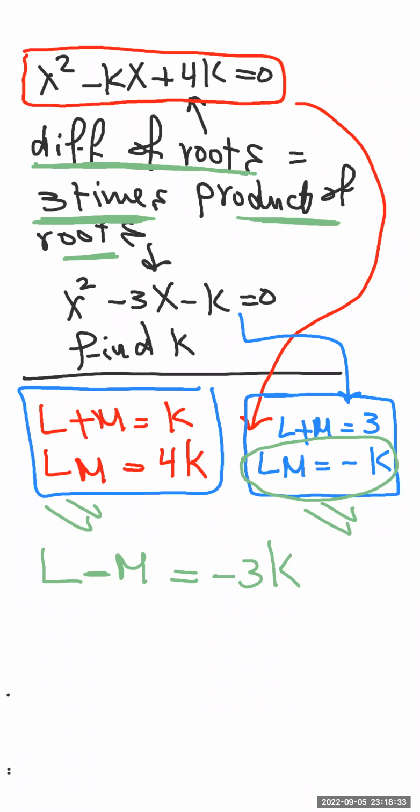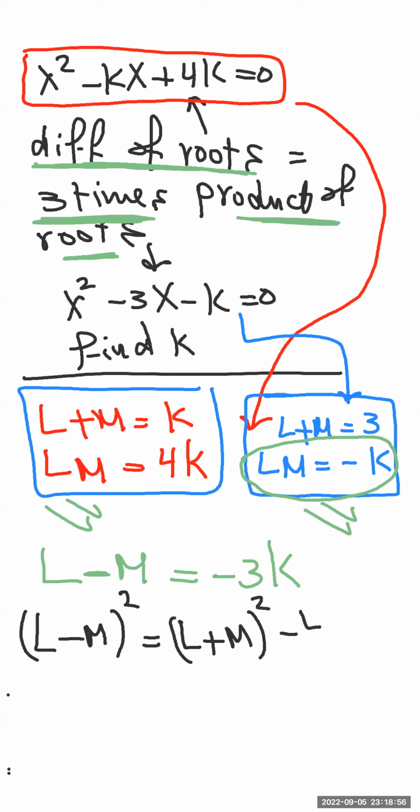Okay. So I want to write down the formula by which we can get L minus M from that one. L minus M to the power 2 equals (L plus M) to the power 2 minus 4LM. Okay.